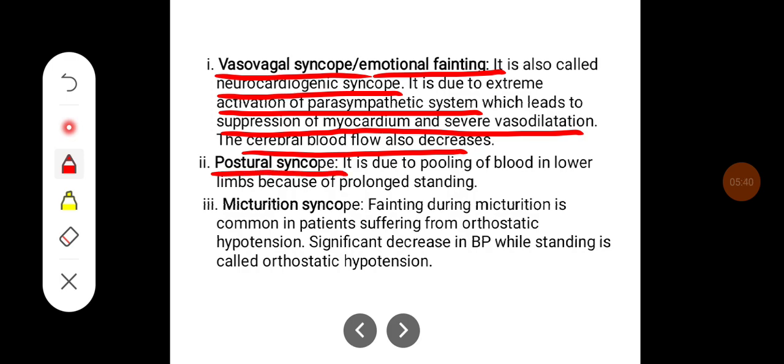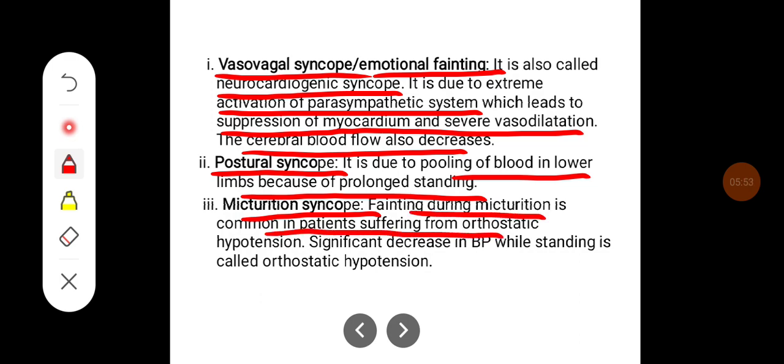There is postural syncope, which is due to the pooling of blood in the lower limbs because of prolonged standing. There can be micturition syncope, where fainting occurs during micturition, common in patients suffering from orthostatic hypotension. A significant decrease in blood pressure while standing is called orthostatic hypotension.